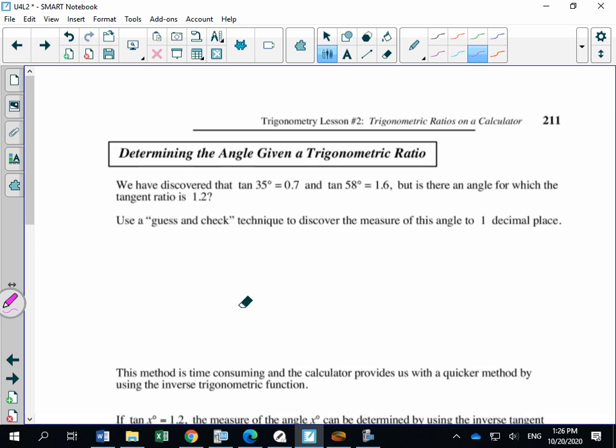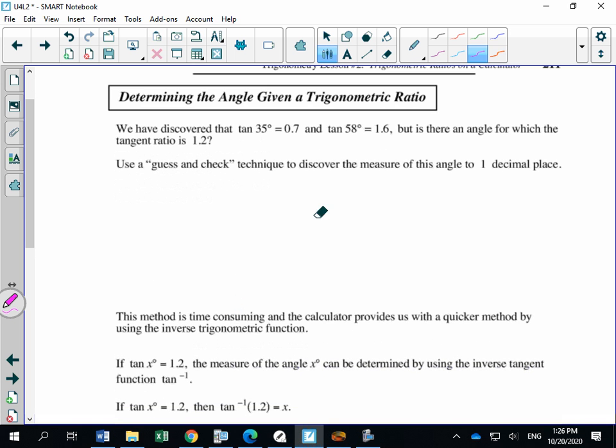Okay, so here's what I want you to write in this space here. I want you guys to write the tan of 35 degrees is equal to, and I want you to give me your answer, what the ratio would be to 4 decimal places.